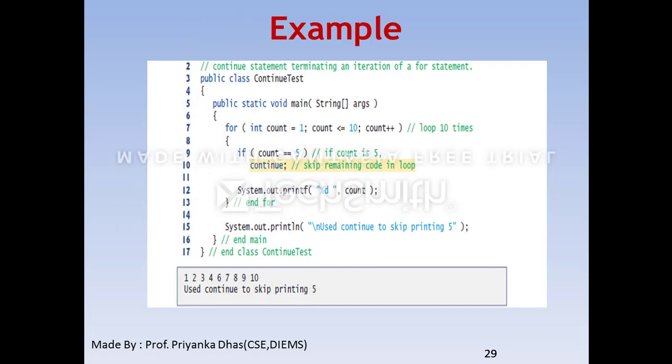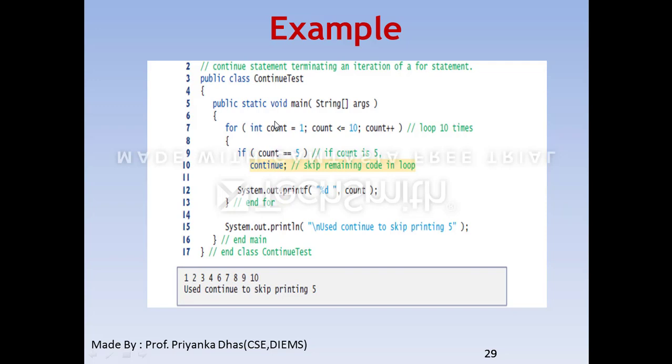The same example I am giving here, printing numbers from 1 to 10. Now here, if you see, I have given count equal to 5. What does it mean? Once the count variable reaches 5, the remaining code will get skipped, but it will not exit from this loop. Instead, it will continue to the next counter.